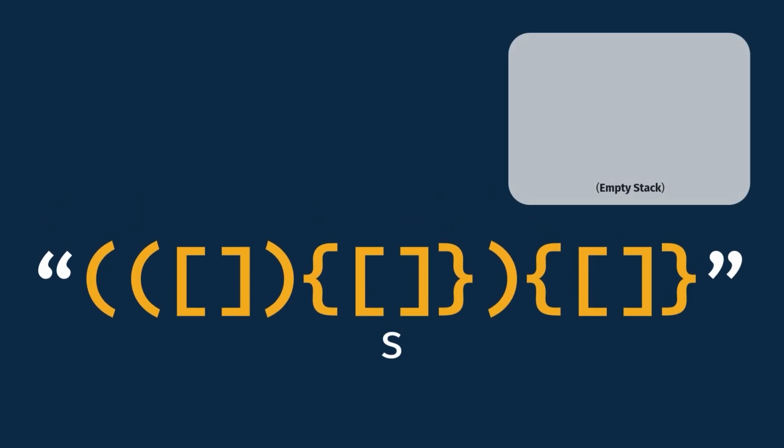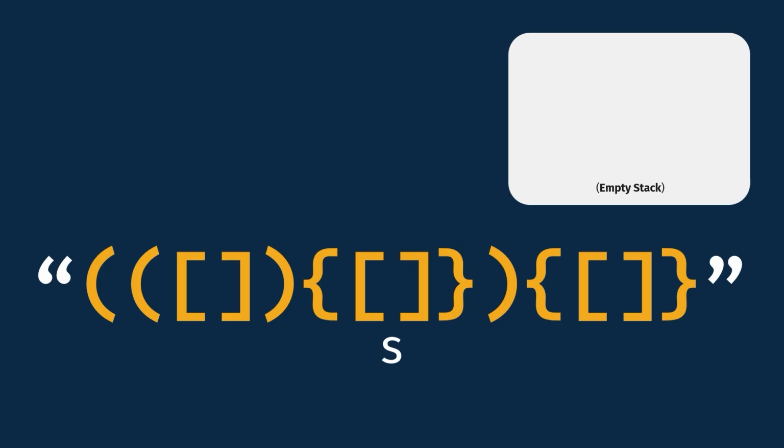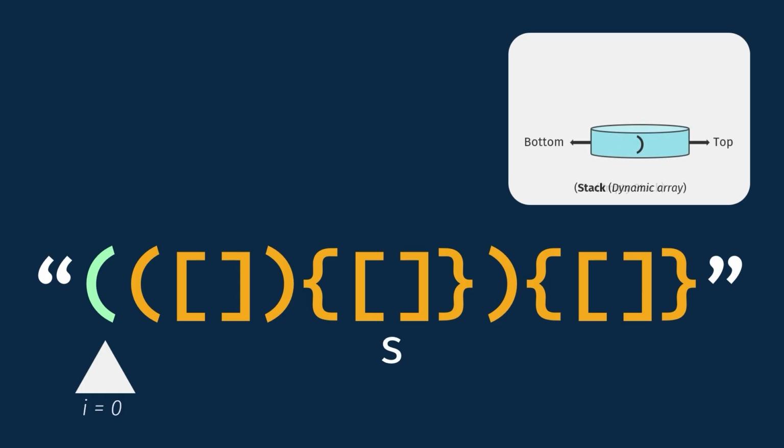So we start with an empty stack, and we will also use a pointer i to traverse the string. At index 0, the first character is an opening bracket. Since it is an opening bracket, we push its corresponding closing bracket onto our stack.